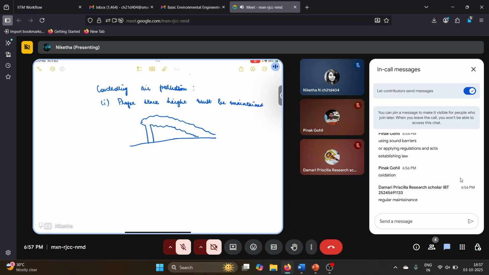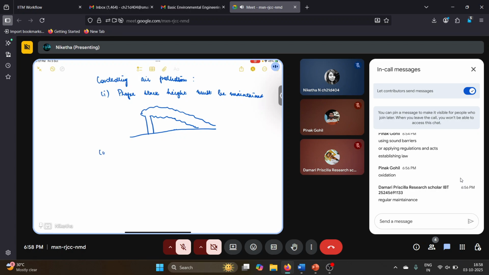So it won't be like a very concentrated stream, it will already be diluted. So that is why we need to maintain a proper stack height. And then we need to have equipments for controlling the pollution.